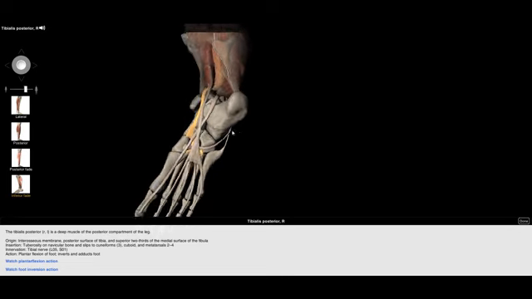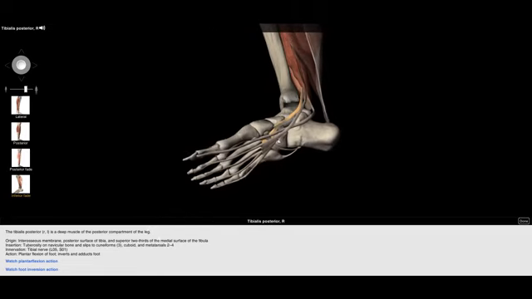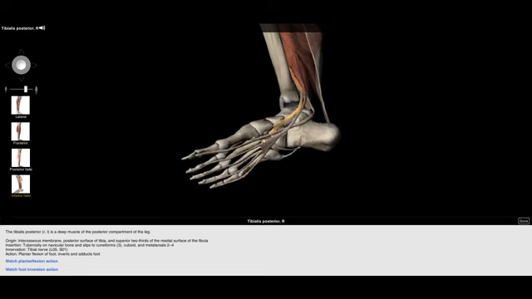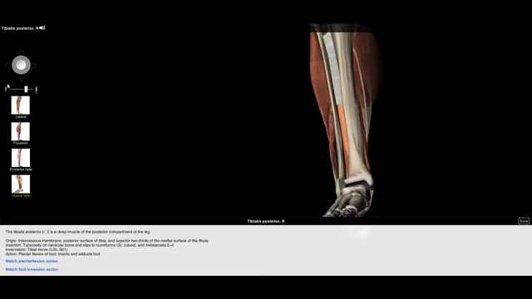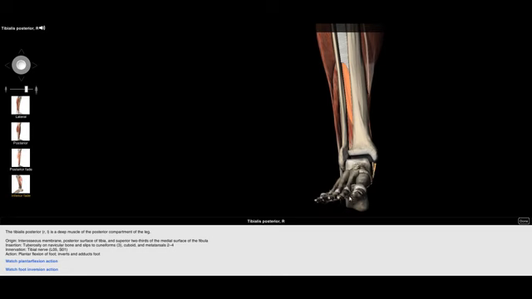It performs plantar flexion, inversion of the foot, and adduction of the foot. And adduction of the foot is bringing the toes, the foot, to the inside. It's a transverse plane motion.